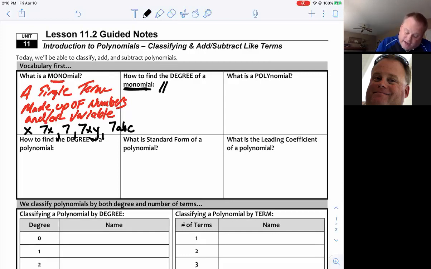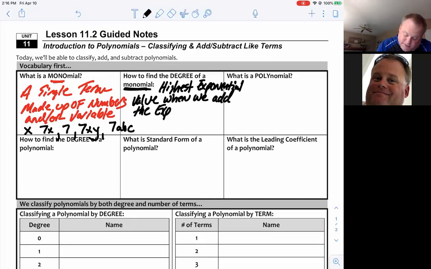Highest exponential value when we add the exponents together.